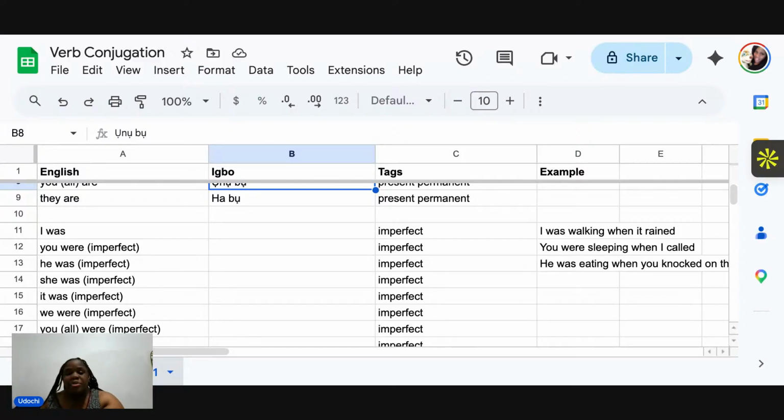Let me look up. Let me use some of these dictionaries. I have a few resources here. One of them is Igbo by Mama Chatama.